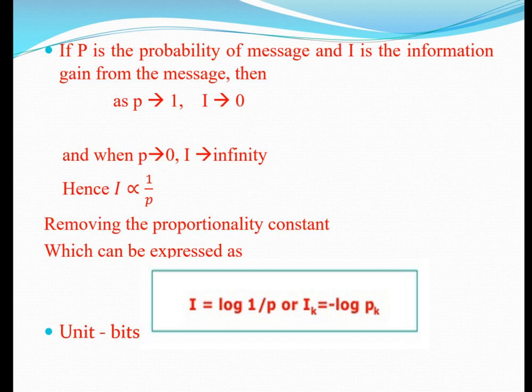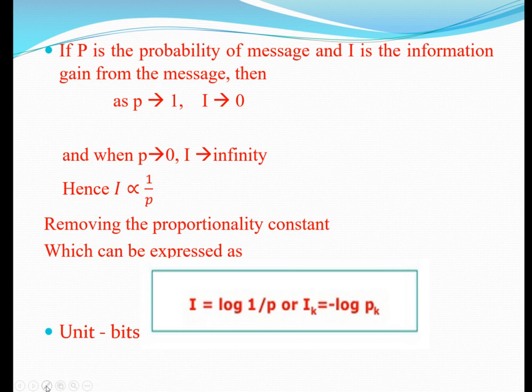Using this particular relationship, we can arrive at an equation for information. Information is inversely proportional to probability.